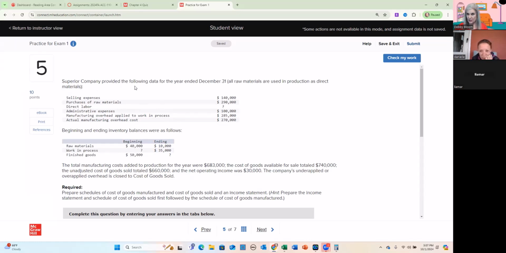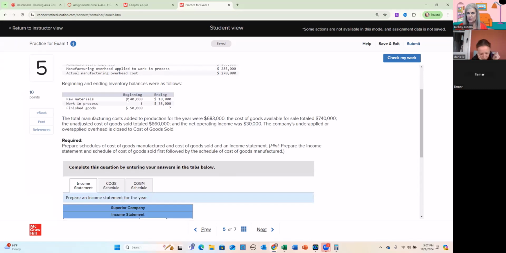Okay, Superior Company provided the following data for the year ended December 31st. We have our selling expenses, purchases of raw materials, direct labor, administrative, manufacturing overhead applied to work in process, actual manufacturing overhead. Then we're given beginning and ending inventories with a couple of question marks and a couple of extra pieces of information.